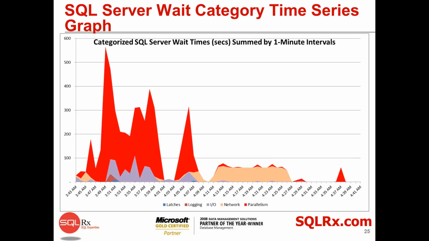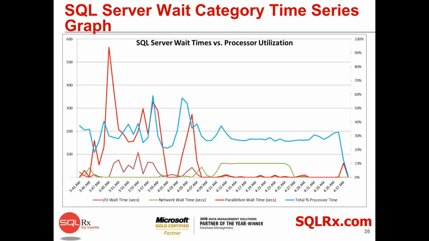The SQL Server wait times versus processor wait time. This is a handy graph because you can see how the I/O wait times, the network I/O wait times and the parallelism I/O wait times all interact with processor wait time. Did the processors keep moving when all the problems occurred?